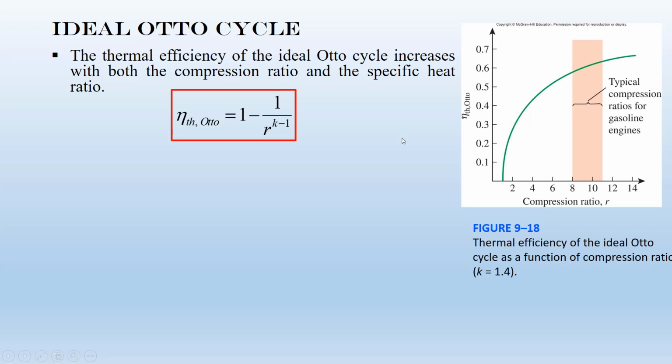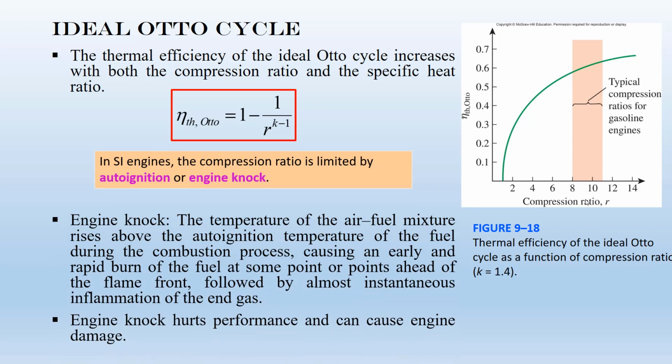Because a higher compression ratio causes temperatures which are higher than the self-ignition temperature. So if we use a higher compression ratio, what happens? There will be early and local ignition or combustion in the piston.